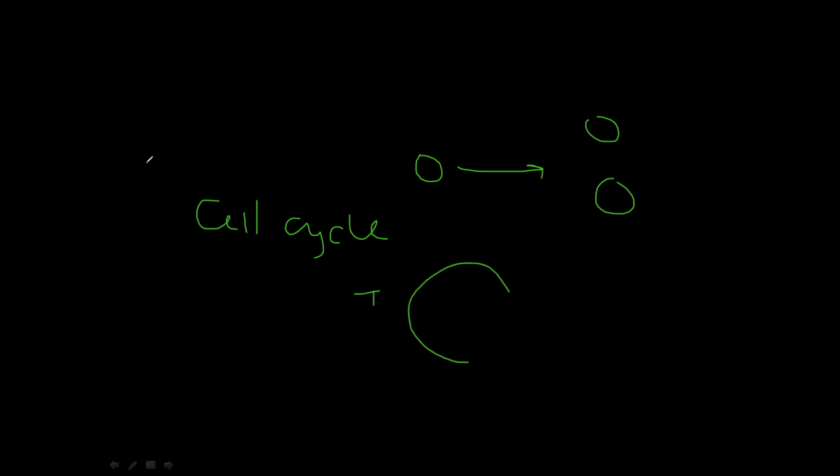All right, so we talked about the idea of the cell cycle. In the cell cycle, we talked about the idea of one parent cell breaking into two identical daughter cells. And we had mentioned that the cell cycle was primarily made up of interphase, a little bit of mitosis, and then a very small sliver was cytokinesis, the actual splitting of the cytoplasm.